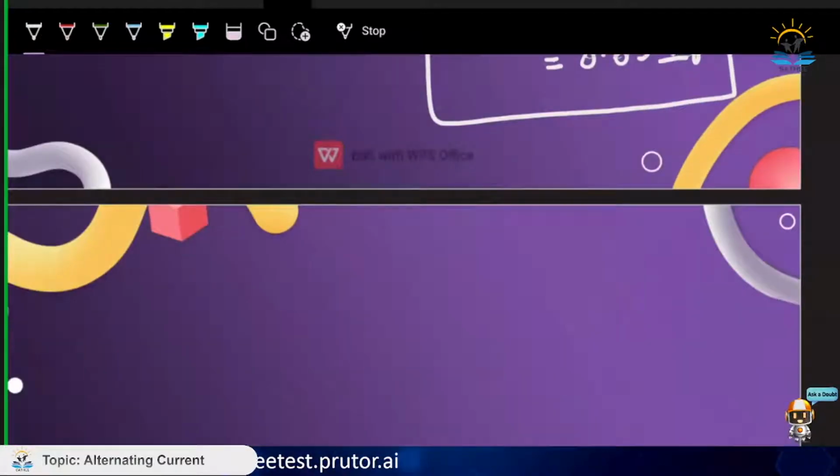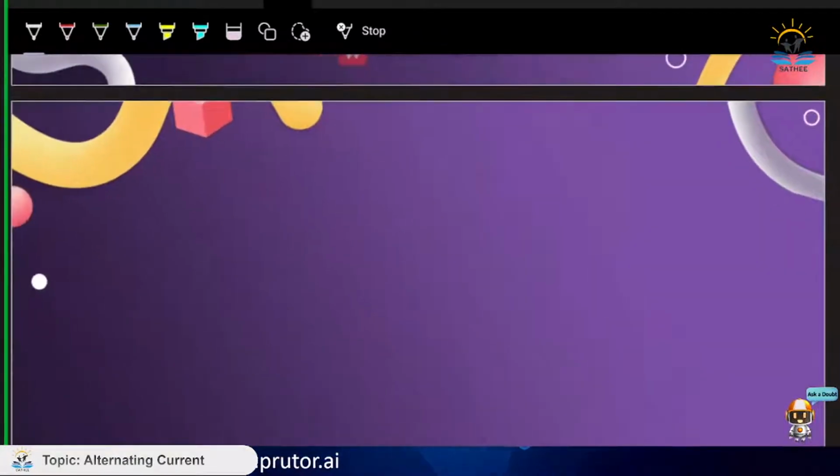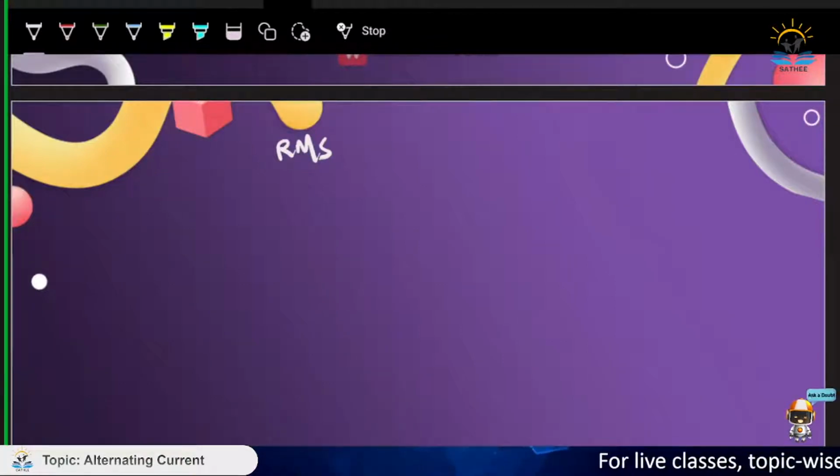Next, very important, the RMS value, I RMS. What is RMS? Root mean square. Here, root mean square current. First we have to square, then find the mean, then take the root.